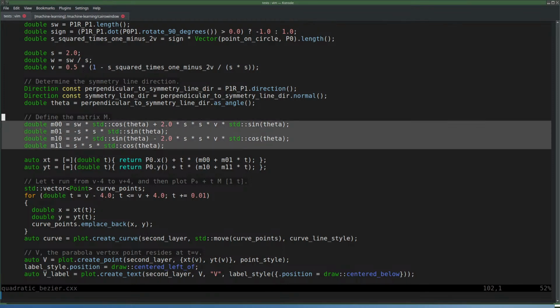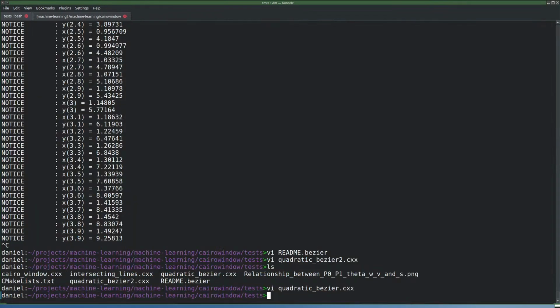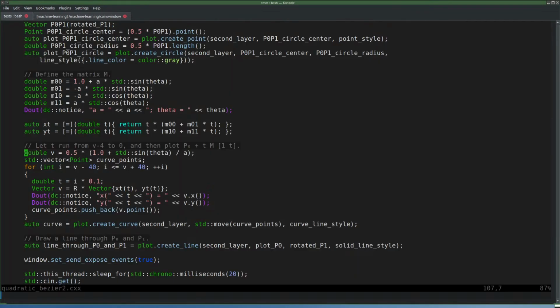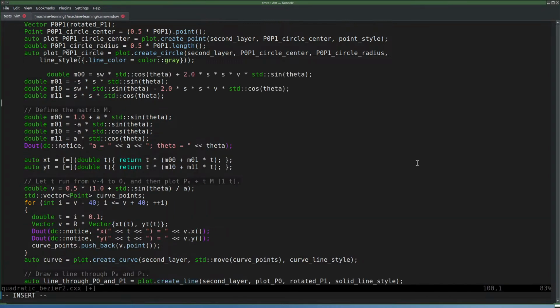So if we compare that with the thing that I have now, then you see that you just pick the simplest. A is the square of S.